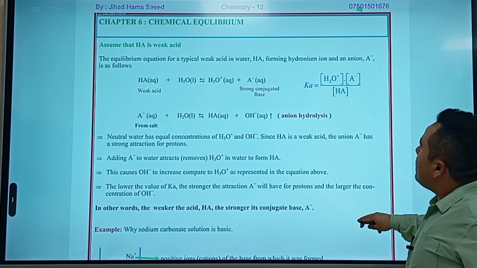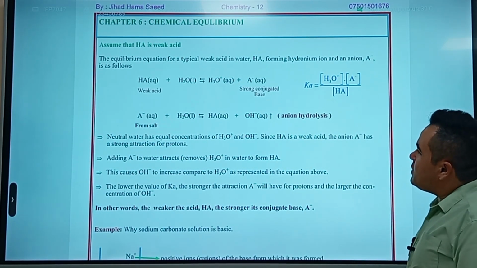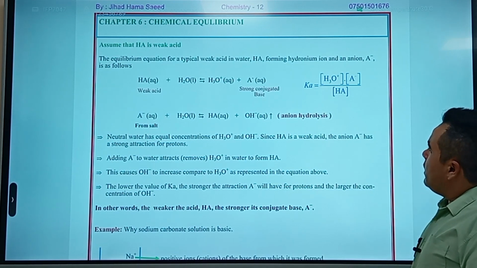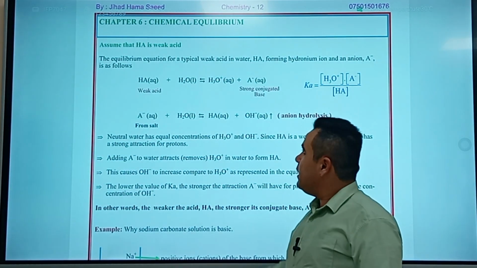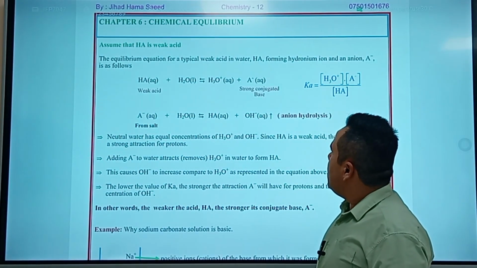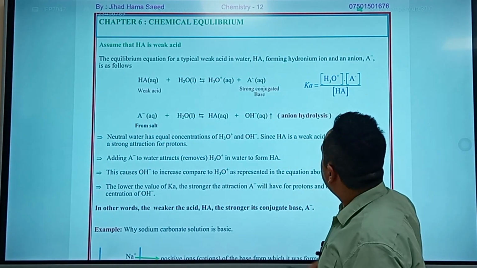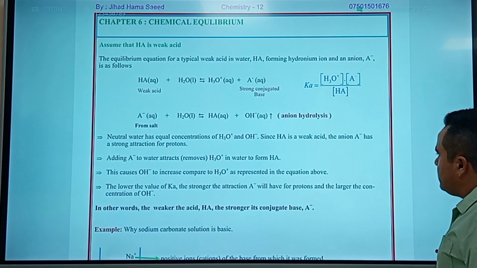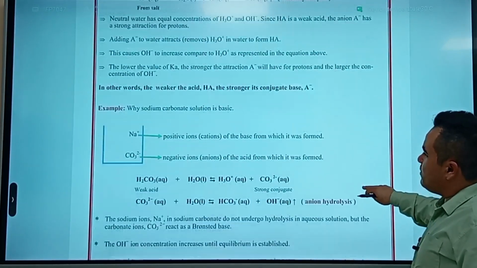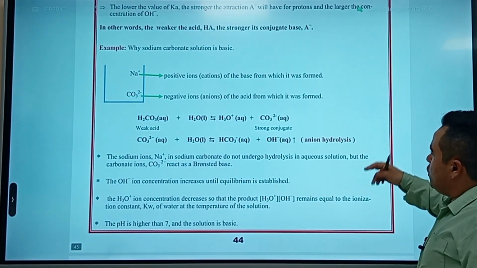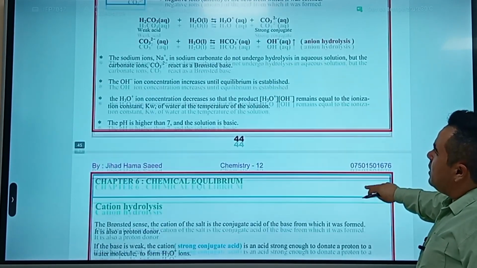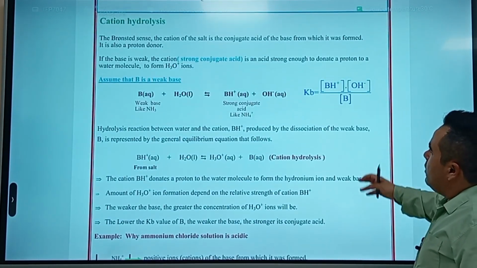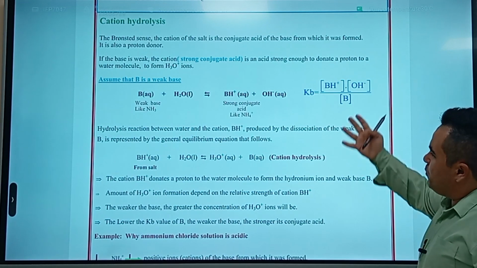So guys, here we have some more explanations for the types of the buffer we discussed before, and hydrolysis explained more in general, the anion and cation hydrolysis as well.